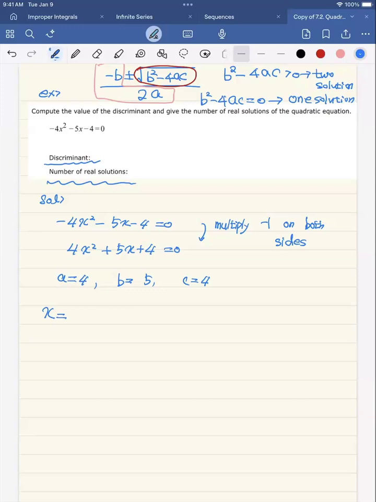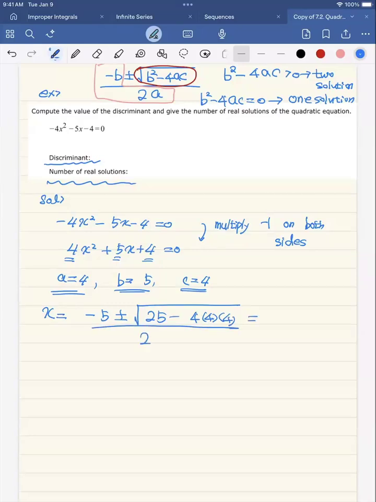Here, a equals 4, b equals 5, and c equals 4. So x is minus 5 plus or minus square root of b squared, which is 25, minus 4 times a times c, over 2 times a.